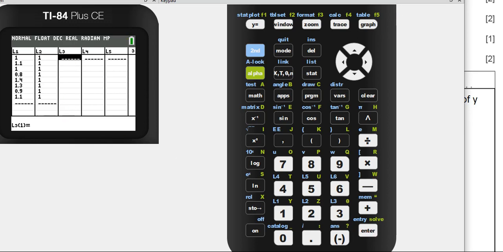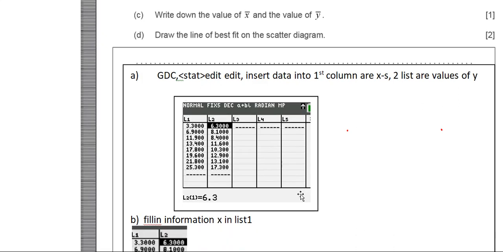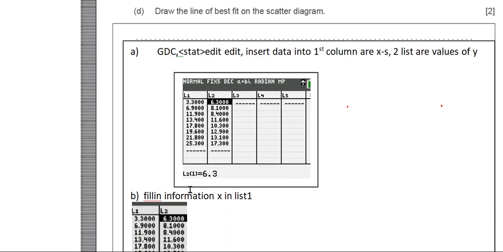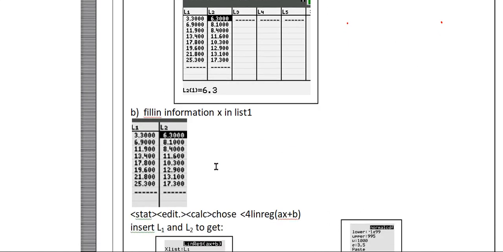But now your task will be to fill L1 and L2 as X and Y. I did it, as you see, and you can even see how they label elements of the list, like L2(1). Fill in the information.